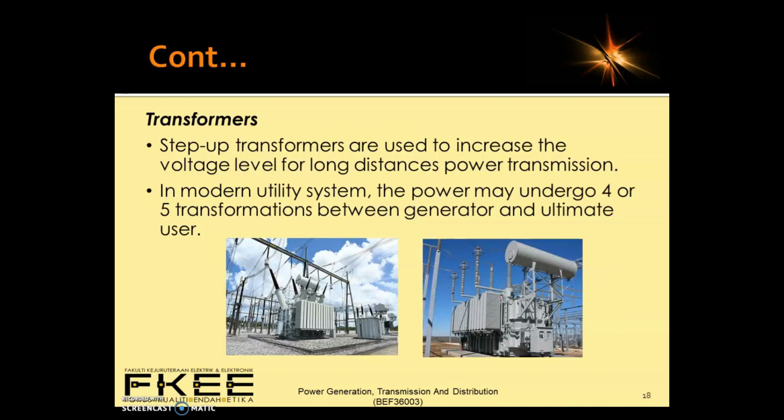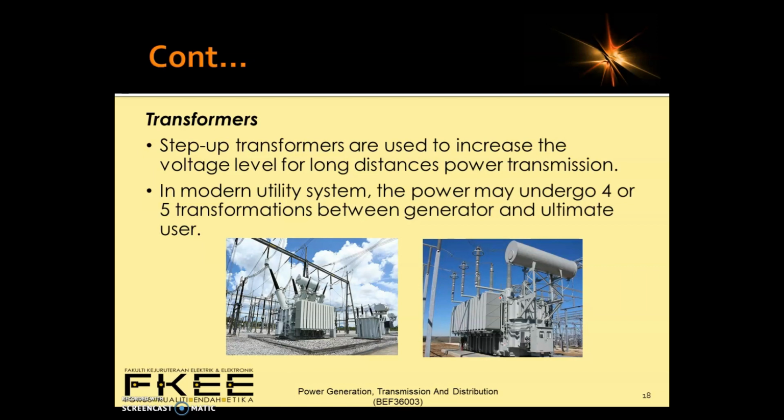Okay, and then next we look at the transformers. We have the step down and also the step up transformers. Step up transformers are used to increase the voltage level for long distance power transmission.